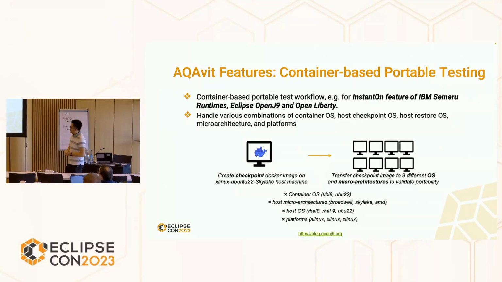And then we upload those checkpoint Docker images into the private Docker registry. For the restores, each of the restore machines will just pull all the related checkpoint Docker images and then test the restore functions of those different images.